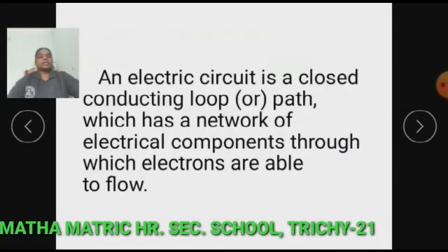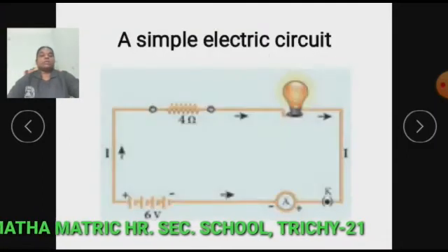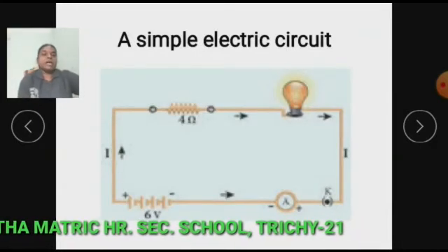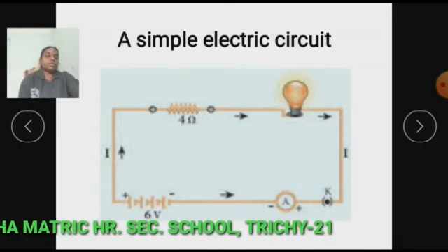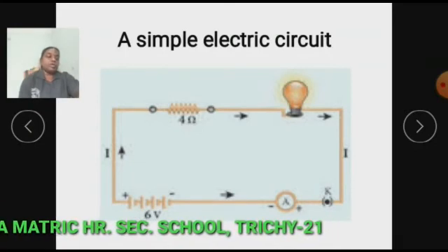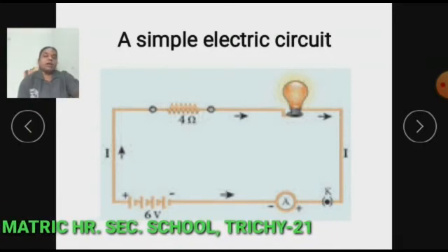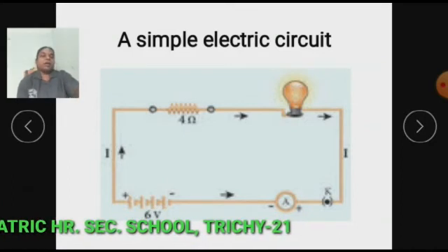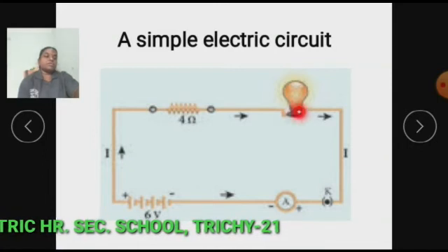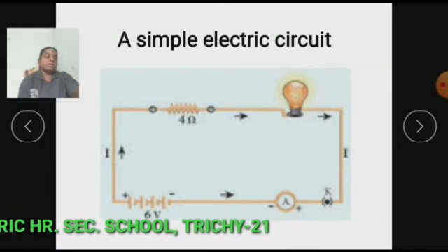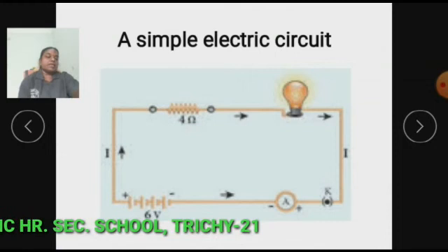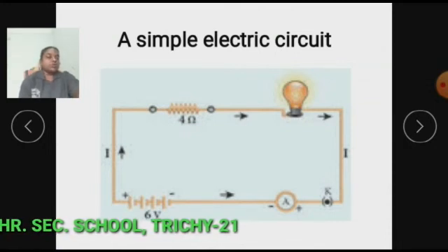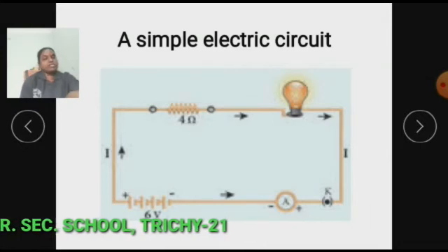An electric circuit is a closed conducting loop or path which has a network of electrical components through which electrons are able to flow. This path is made using electrical wires so as to connect an electric appliance to a source of electric charges.